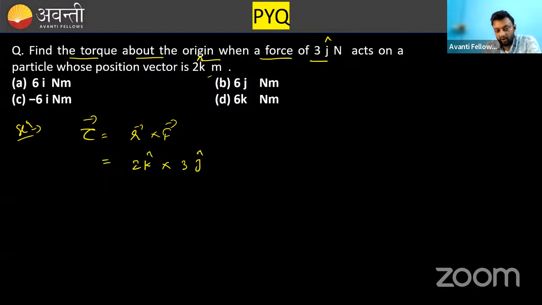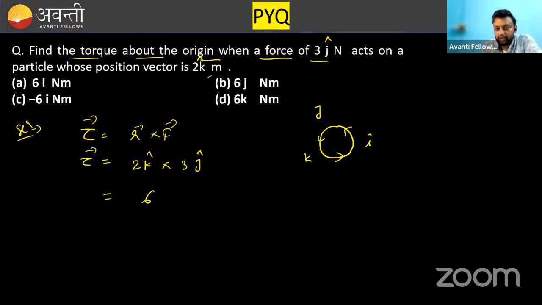Now again, this is not a question based on torque. I think this question is basically designed for checking your cross product level, how you can calculate the cross product. So it will become 2 into 3, that is 6. And k cross j is what? I have told you that whenever you get confused about cross product, just mention i, j, and k and mark the arrows like that.